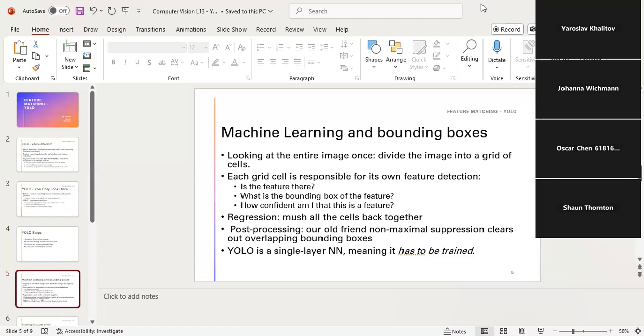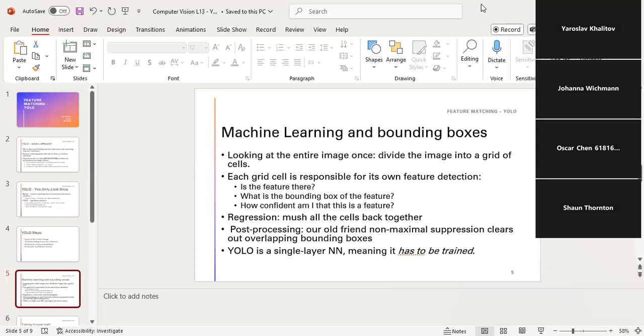And there's non-maximal suppression, like we've used in a lot of other algorithms, that clears out any overlapping bounding boxes. So if neighboring grid cells think they have found the feature we want and sort of draw a bounding box that overlaps across cells, we use non-maximal suppression to clear those out.